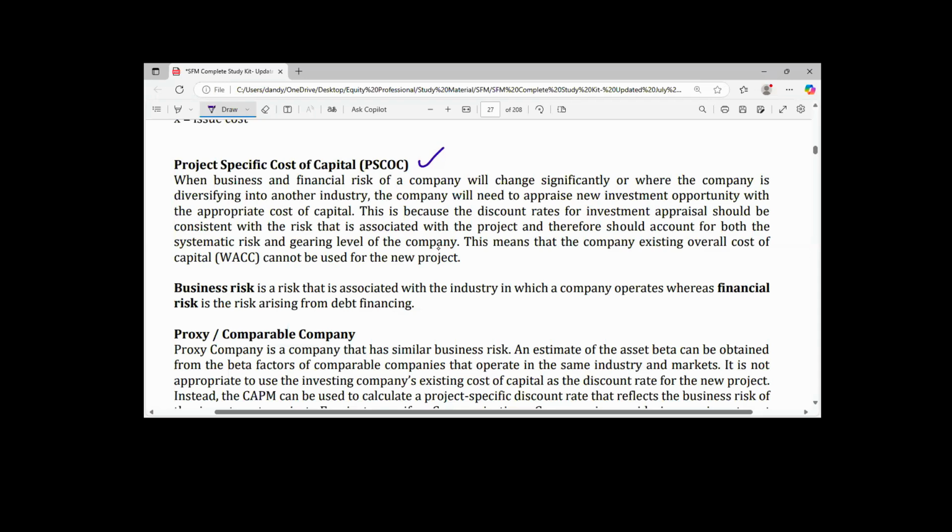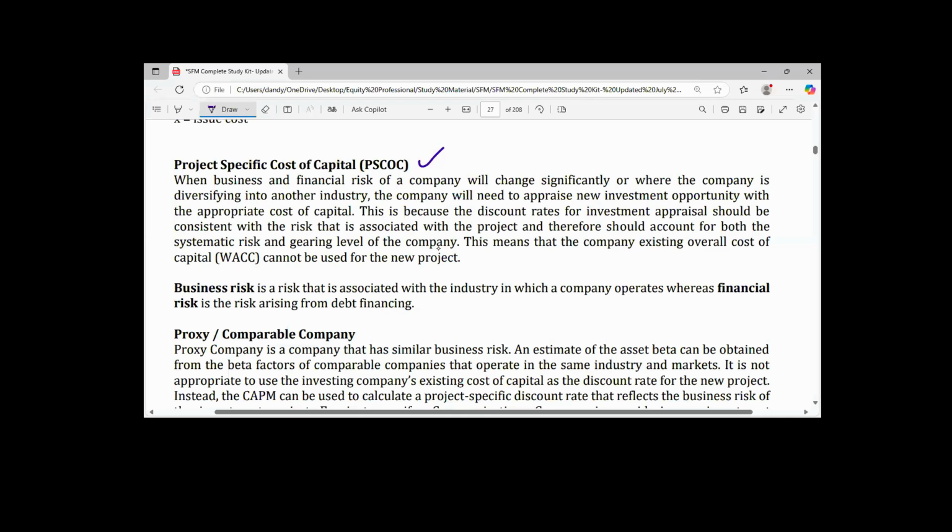And that is why when a company is diversifying, there will be need for the company to estimate a cost of capital that will be suitable to evaluate a project in the new industry. This cost of capital is what is known as project-specific cost of capital. I believe that is clear.